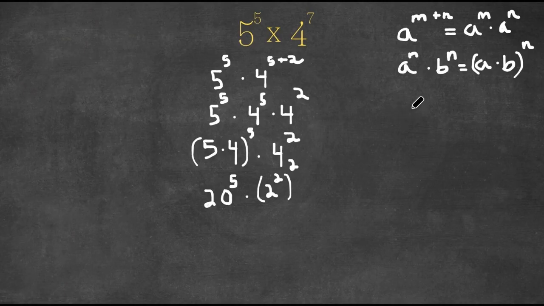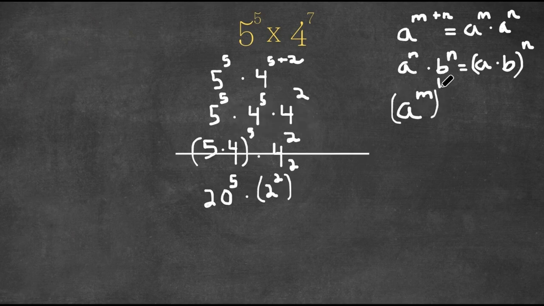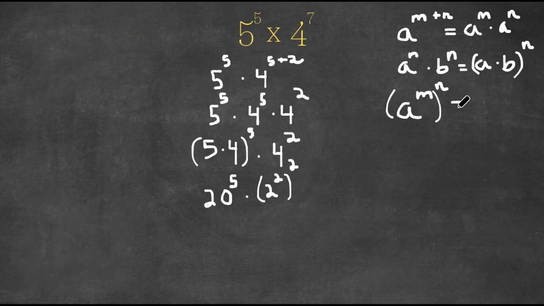Now this is actually another exponential property: if we have a to the power of m to the power of n, this is equal to a to the power of m times n.